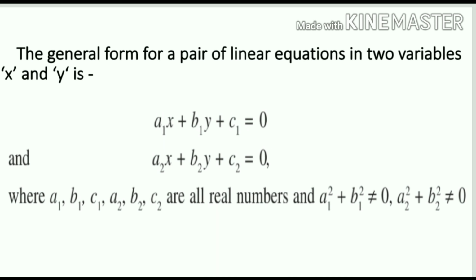That is a1x plus b1y plus c1 is equal to 0, and the second one a2x plus b2y plus c2 is equal to 0, where a1, b1, c1, a2, b2, c2 are integers, and a1 square plus b1 square does not equal 0, and a2 square plus b2 square does not equal 0.